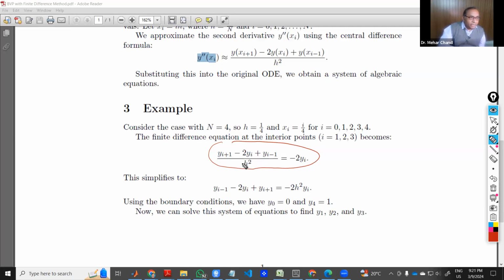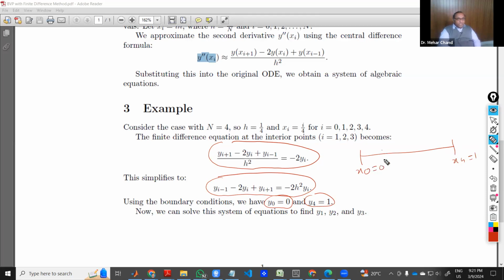After simplifying, the above equation will be reduced into this form. The values given here are y0 equal to 0 and y4 equal to 1. For easy understanding, this is x0 and this is x4, where x4 is equal to 1 and x0 is equal to 0, and these are x1, x2, and x3.